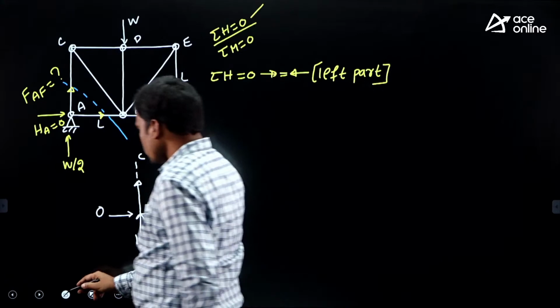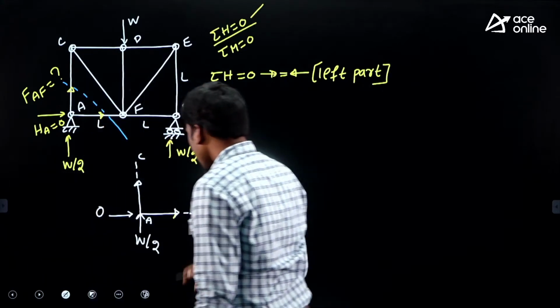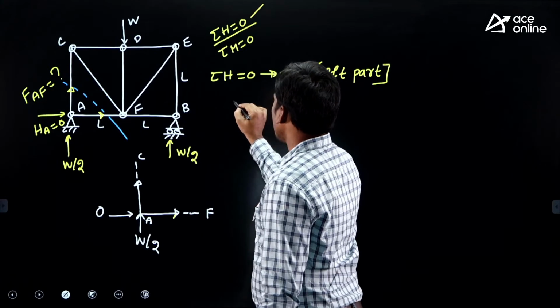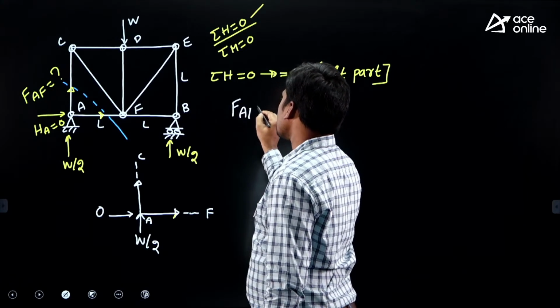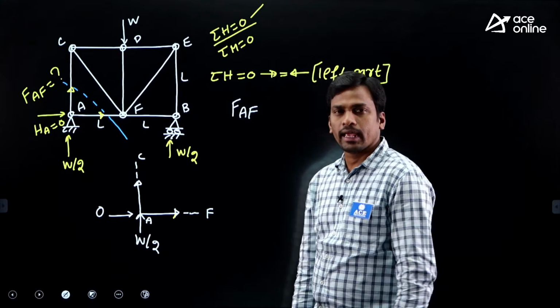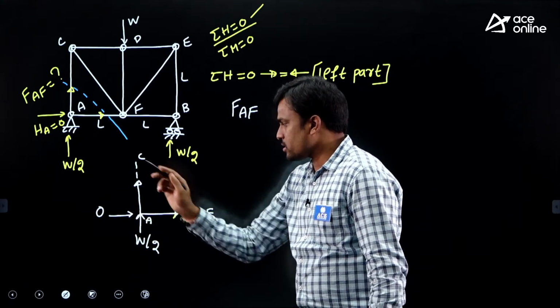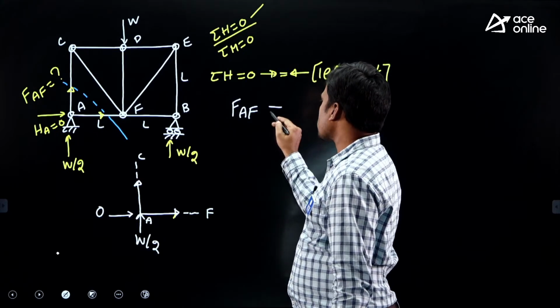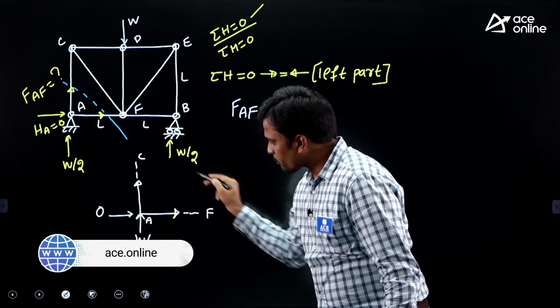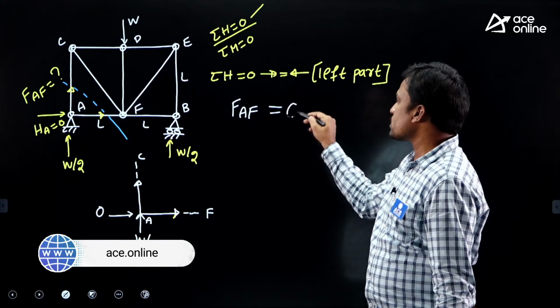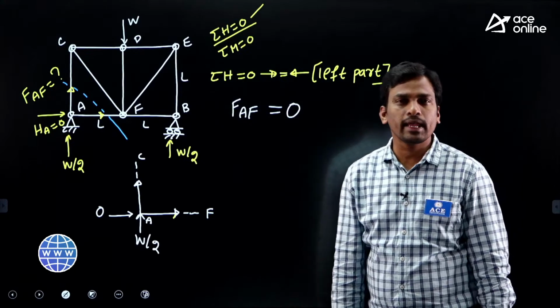Now, this arrow is on the right side, which means the force in member AF is on the right side, and the horizontal reaction is also on the right side, but it is 0. Equals, in this free body diagram, what are the left forces? Left forces are 0. Now what is the force in member AF?